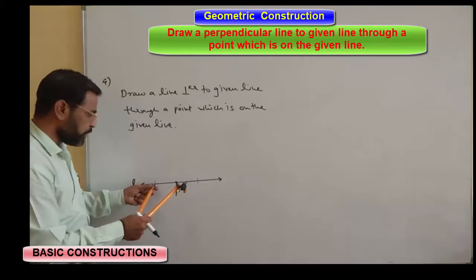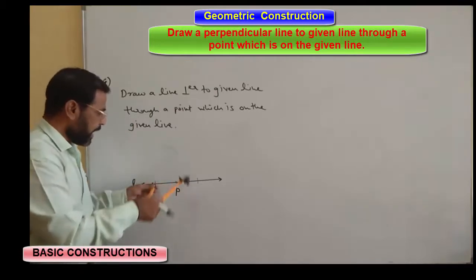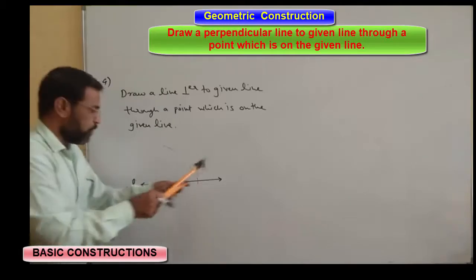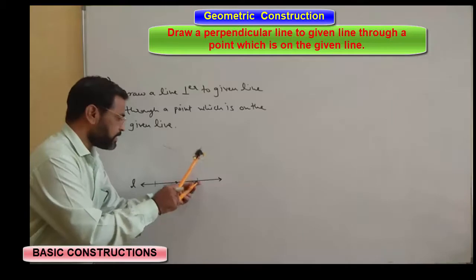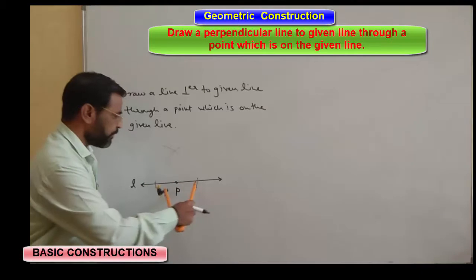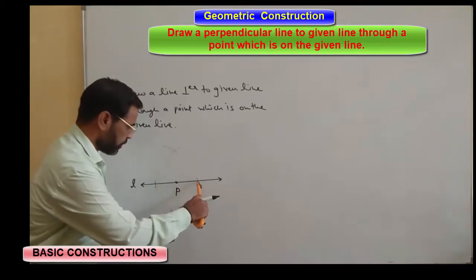Now I will put it on the new point, draw one arc, and from this side as well. Now from this point as well, the same distance, try to draw here. Now from this point to the other point also.